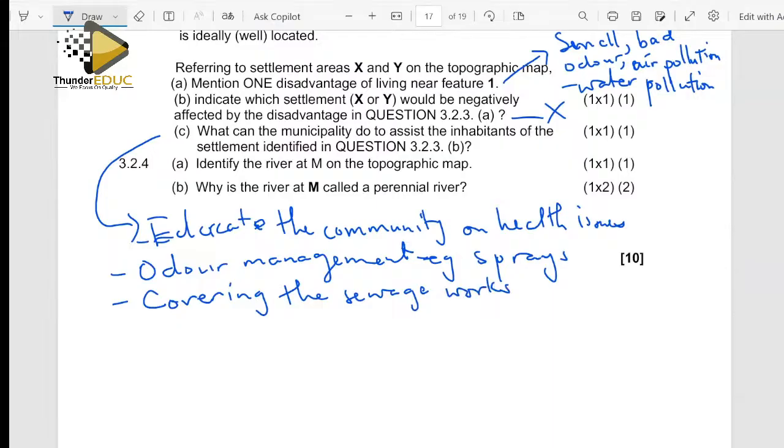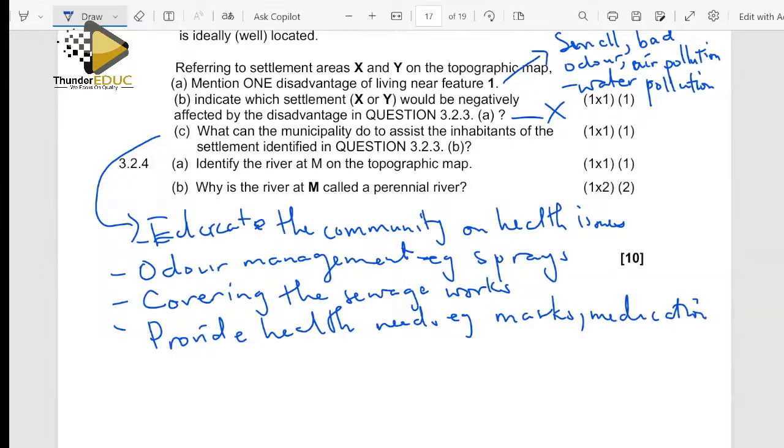Mainly when it's not operational during the night, you can cover the sewage works so that the smell cannot affect the people. You can also provide for health needs, for example, if people need masks or medication.